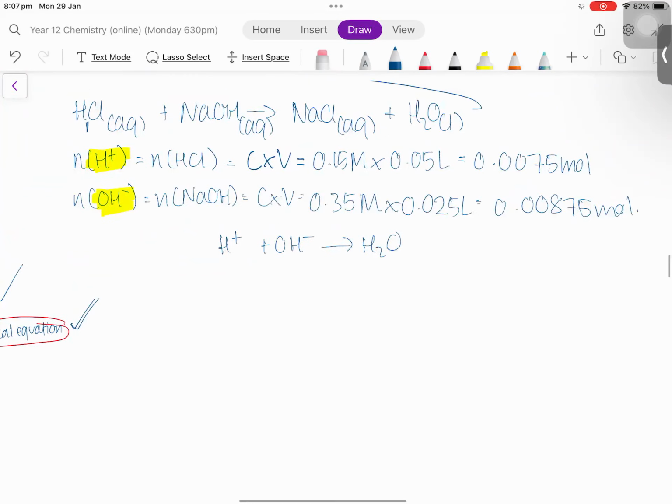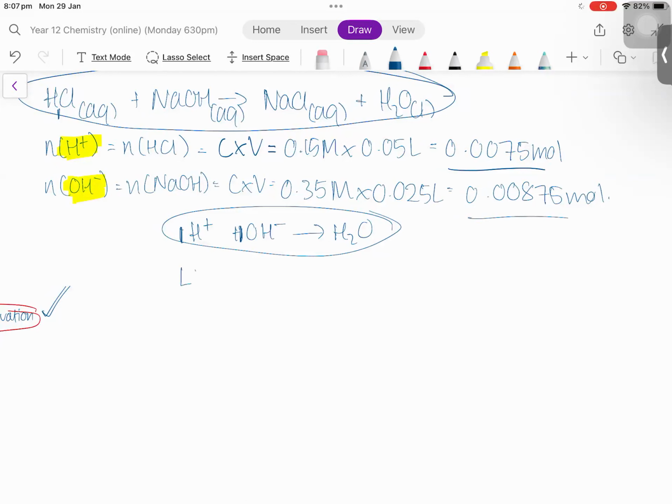So Savan, looking at this, 0.0075 for H plus, 0.00875 for OH minus. What's your limiting reagent? The moles of hydrogen ions. Yes, your limiting reagent is H plus. So help me out again. Your excess reagent must therefore be? The moles of hydroxide ions. Yeah. So your H plus is your limiting reagent because it's smaller.